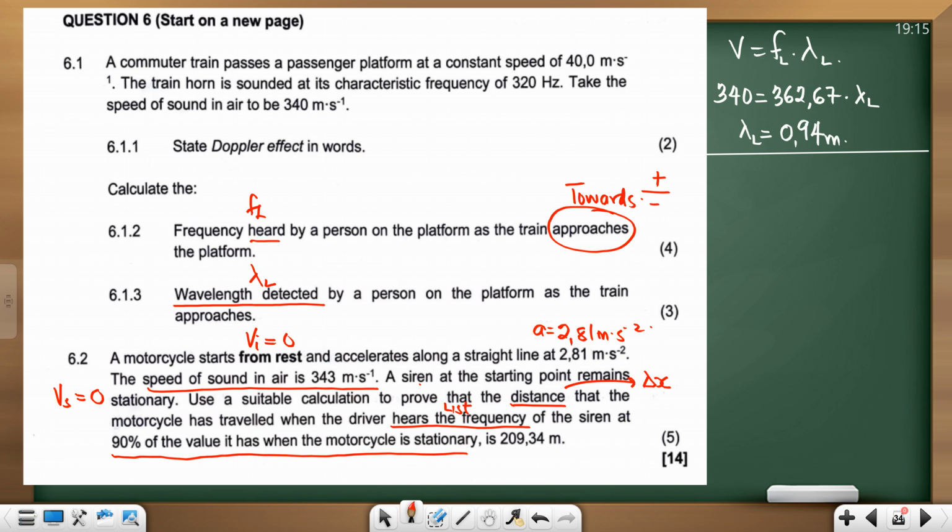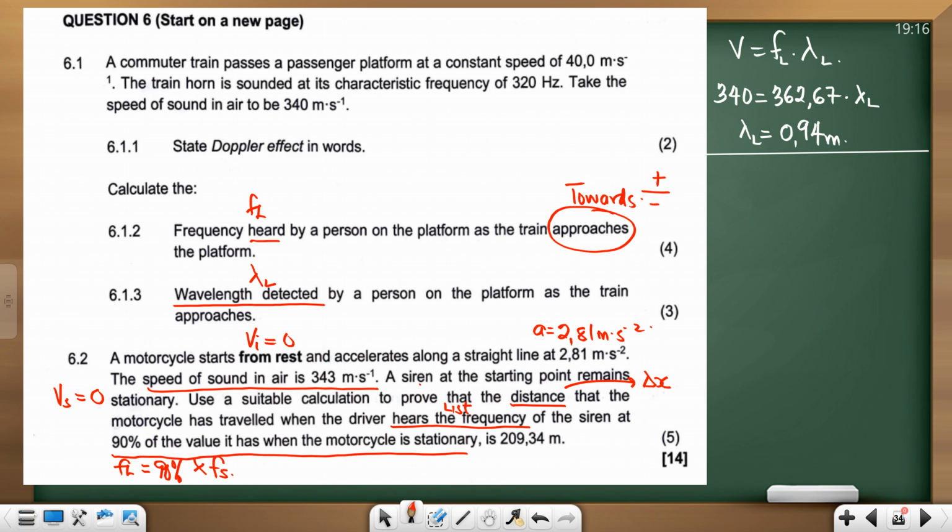When the frequency of the siren, FL, is 90% of, which means times, the value of the frequency when the motorcycle is stationary, which is the frequency of the source. Please, let's interpret carefully. 90% of.